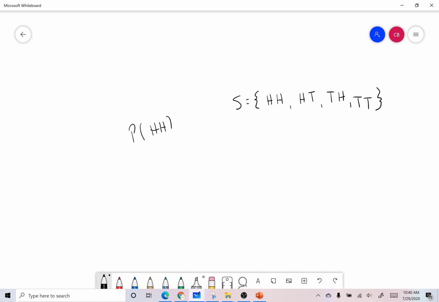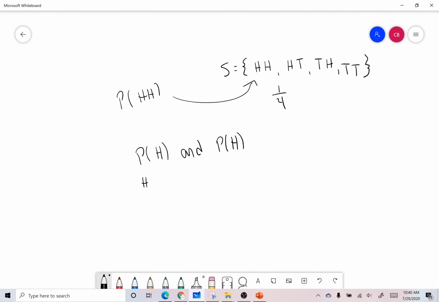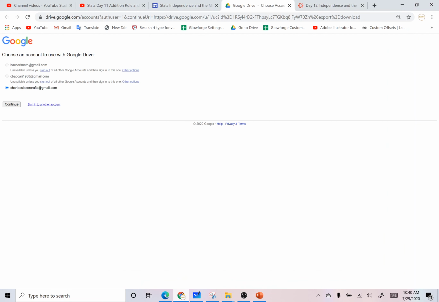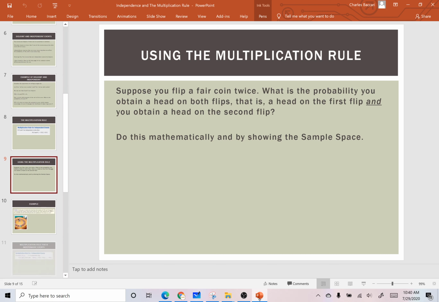Okay, so we've got that, and so the probability of heads is simply 1 out of 2. Now the probability of heads, and then the probability of heads again, well, you either get heads or tails, and you get heads or tails. So this is a 1 out of 2 and a 1 out of 2, and if you multiply this together, you get 1 out of 4. So you can see how it works. It is consistent with what we said earlier.